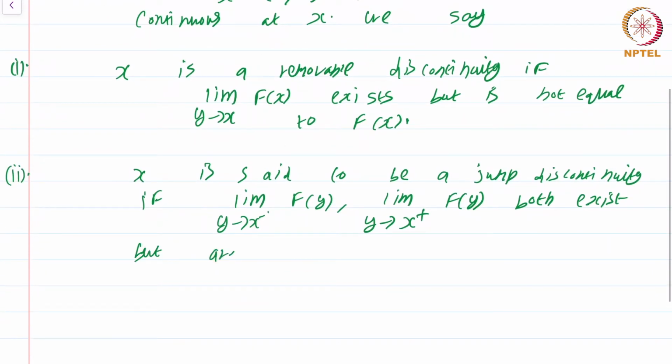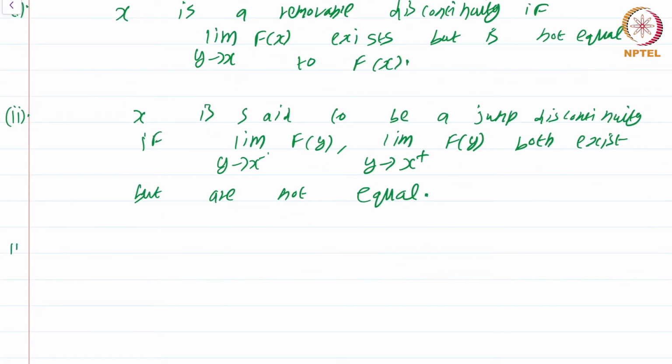Well, again, the terminology is very explanatory. When you approach from the left and when you approach from the right, both limits exist but they are not equal. So there is a jump happening at the point x.